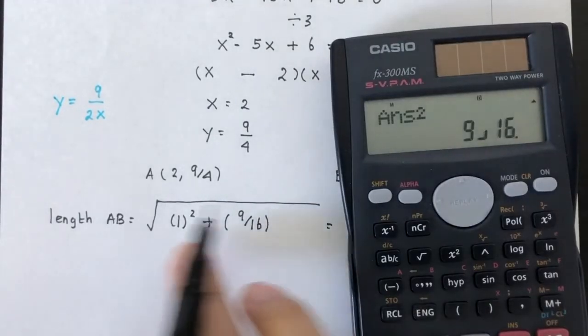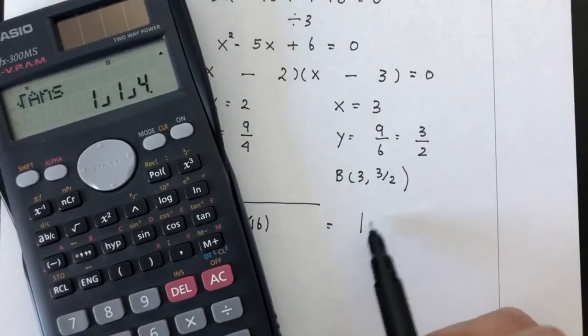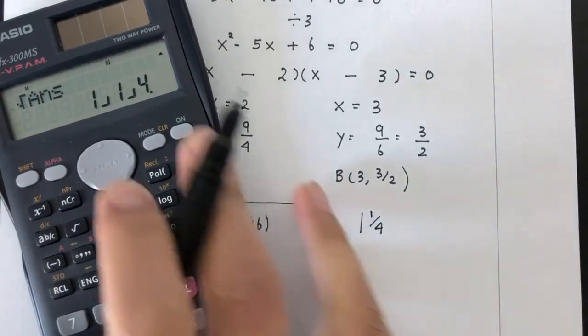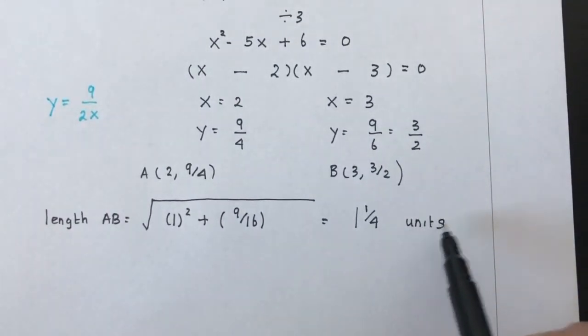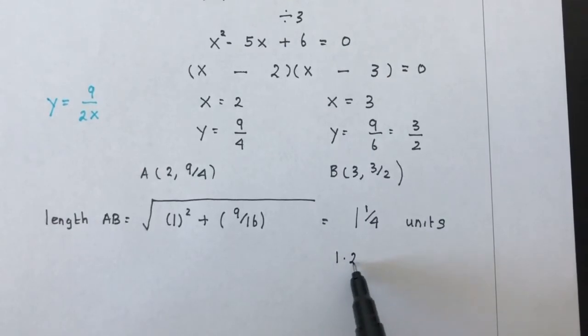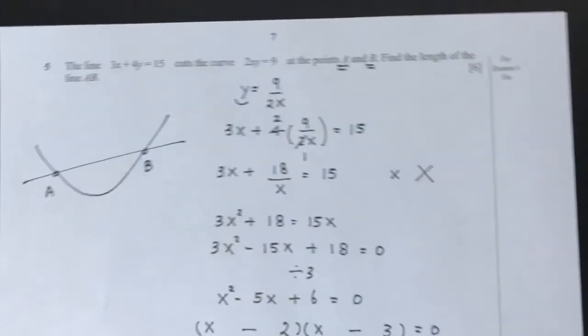Simplify these two plus 1, square root, that will give you 1 over 4. So this is your length of AB. Write down units, or you can write that in terms of decimal too, 1.25 units as well for the answer. And that will be your question number 5.